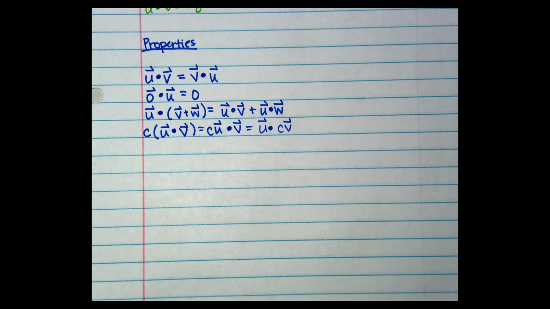But notice you can only use it once. You can't distribute it to the U and the V. You'll get the wrong answer. Does that make sense? So don't use C twice or you'll wind up in the wrong place.